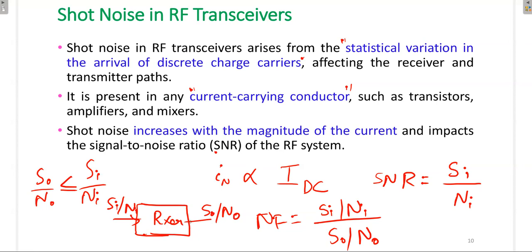But the closer it is to Si by Ni, the less noise our receiver is adding. Any receiver will add some noise, but it should be as minimal as possible.